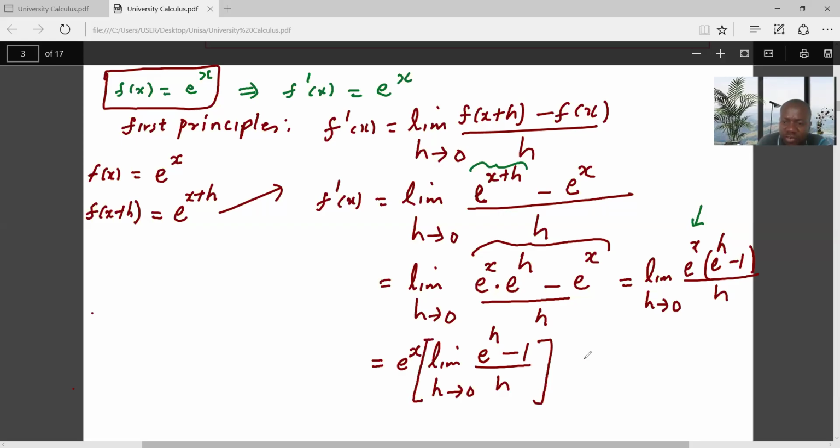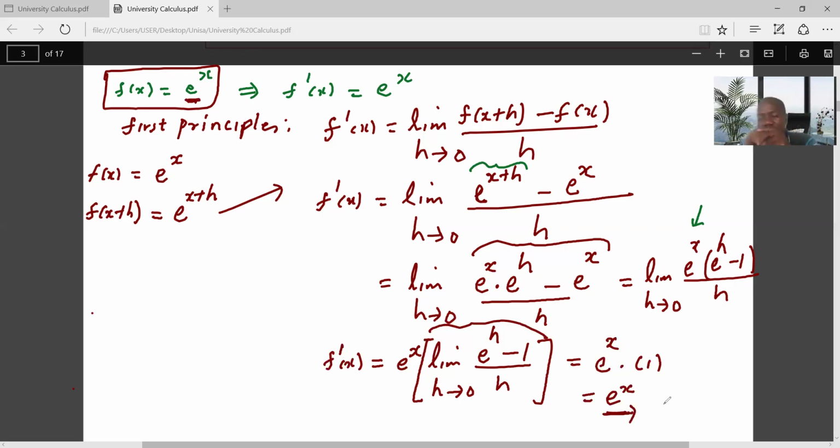And we have seen from the last Python session that this limit becomes 1, which means we replace it with 1. So this becomes e to the exponent of x multiplied by 1, which means the final answer is e to the exponent of x. So we have proved that if f of x equals e to the exponent of x, then its derivative will still be e to the exponent of x.